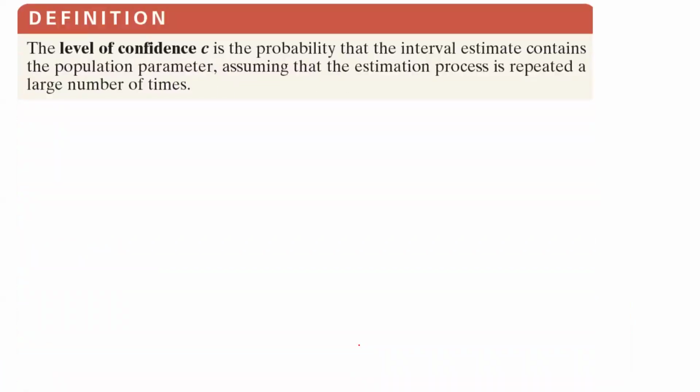So what are the steps? First, we need to find the level of confidence, C, which is the probability that the interval estimate contains the population parameter, assuming that the estimation process is repeated a large number of times. Okay, what's next?